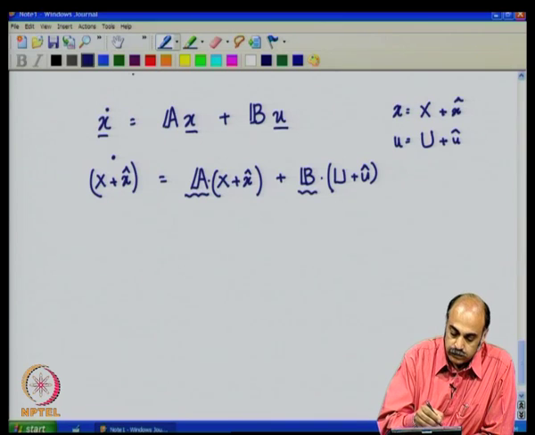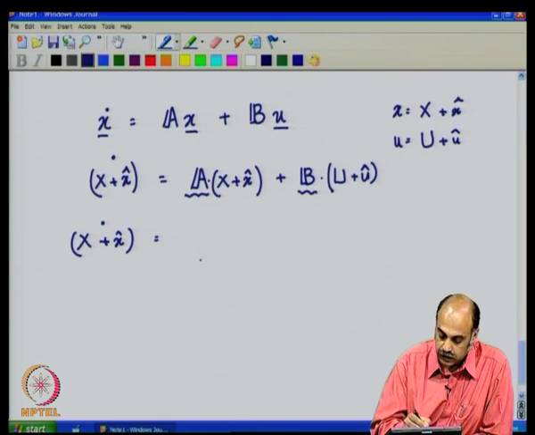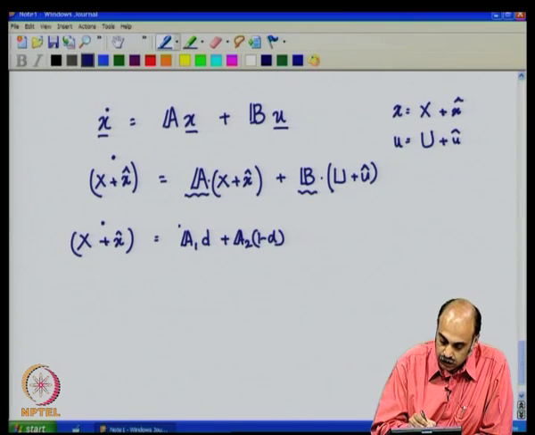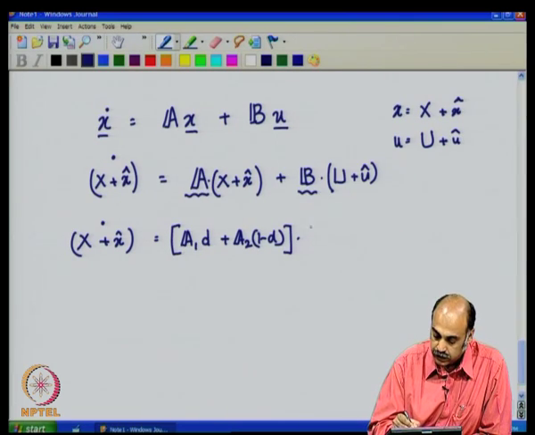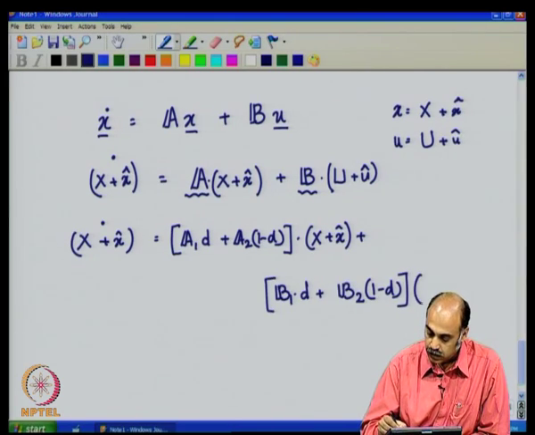So, if we rewrite them by splitting them into the steady state and the small signal parts: A1 D plus A2 1 minus D multiplied by steady state plus small signal, plus B1 D plus B2 1 minus D into steady state and small signal part.